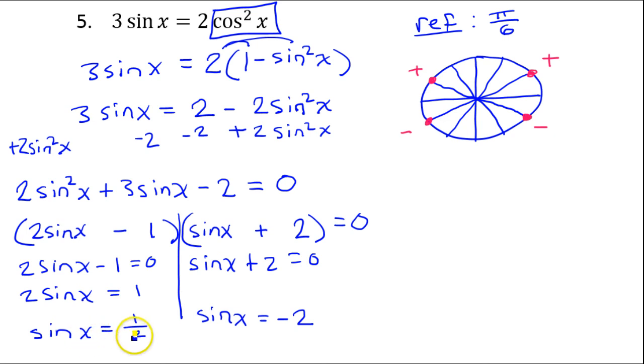In this case, we want positive 1/2, so my solutions will be here and here. So that means that so far I have x equals pi over 6 and 5 pi over 6.